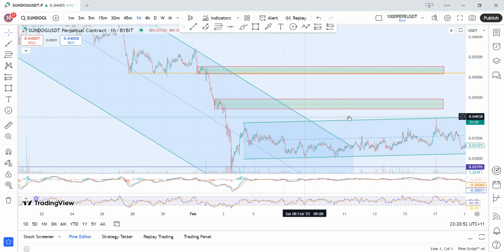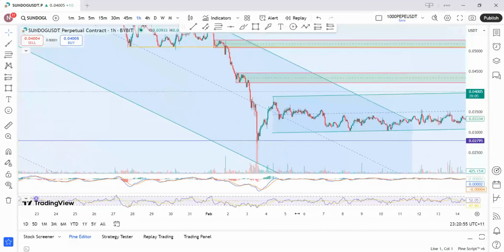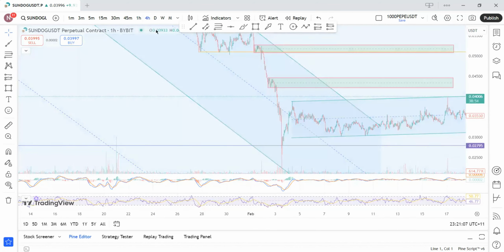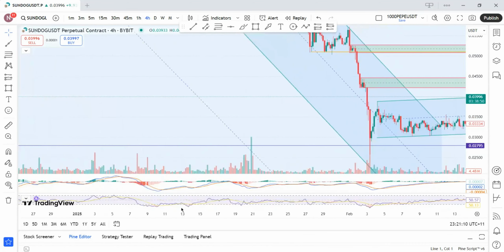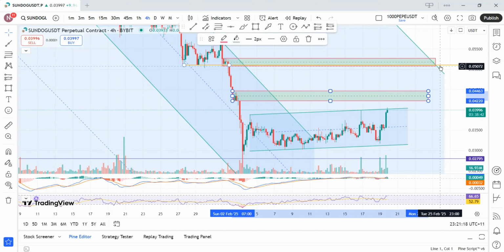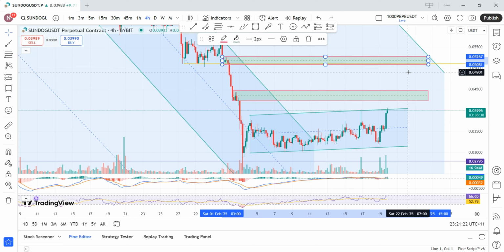So here's another one. Let me check. Yeah, I'll just draw those two. Just going to drag it up even more. I believe the price could come all the way up here, or even to here to test the support line, but I would just go with this area because there's a recent support and recent resistance line that's been made.